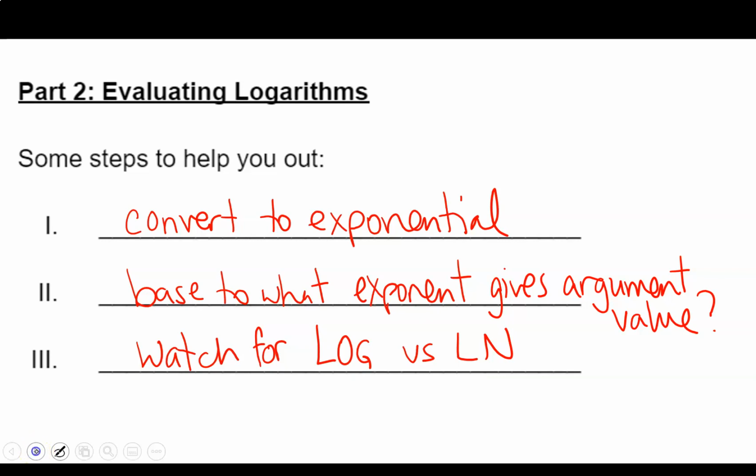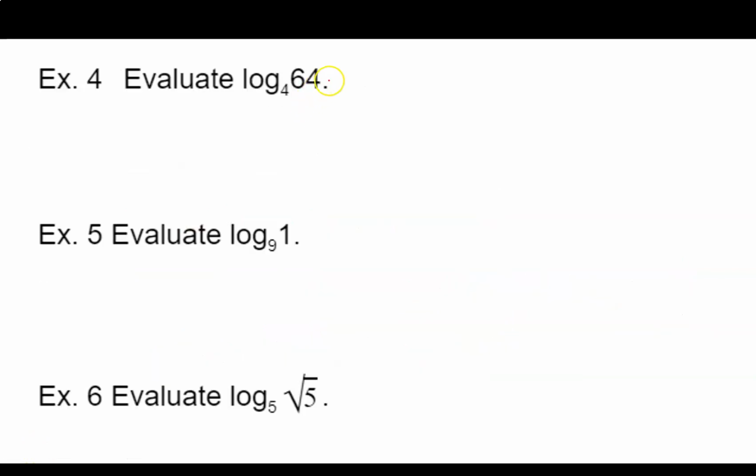Okay? So if I'm looking at this, first thing I'm going to do is pretend that this is equal to y. And so then I can write this as 4 to the y equals 64. Well, you can ask yourself, 4 multiplied by itself how many times will give me 64? Well, that would be 3 times.